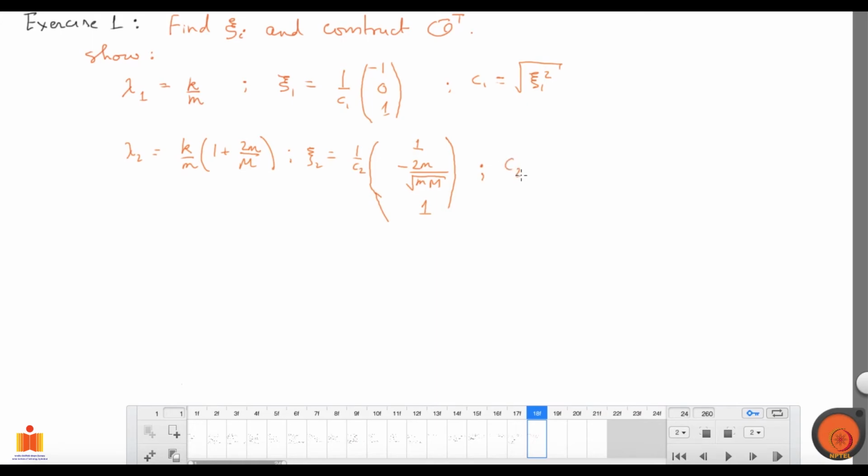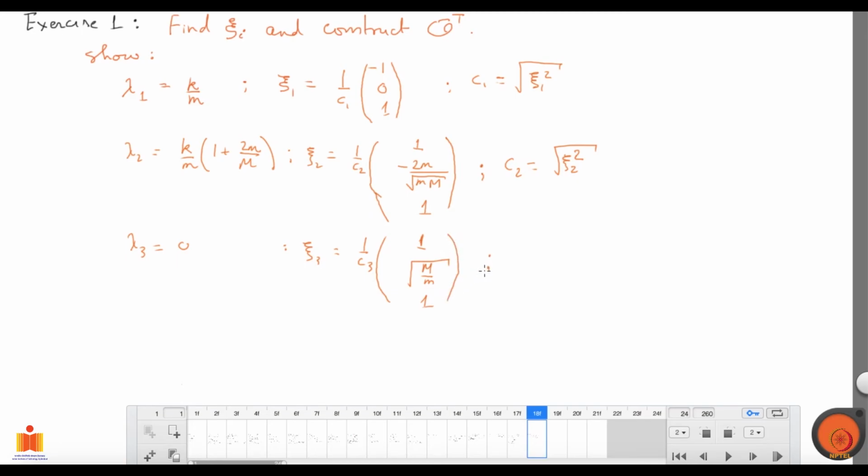Then you should find out the c2. c2 is again xi2 square. Okay, if you divide by this, it will be a normalized vector, the xi2. And for lambda 3 equal to 0, you will get xi3, 1 over c3, 1, then you have capital M over small m in the square root, and then you have 1 here.